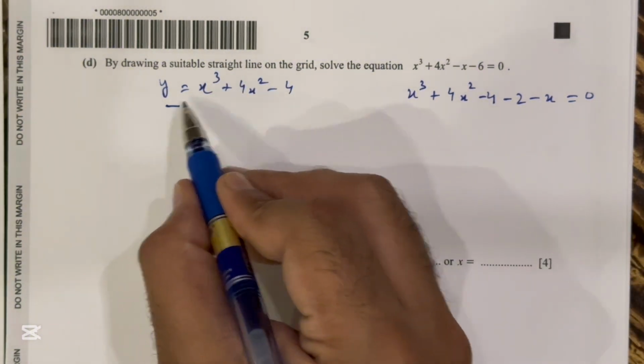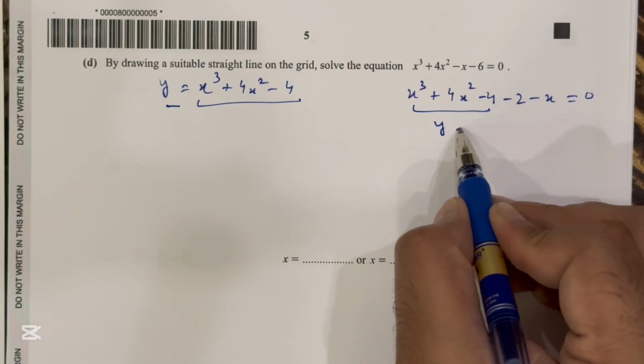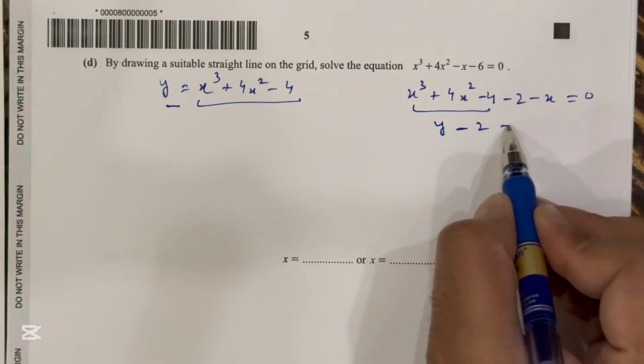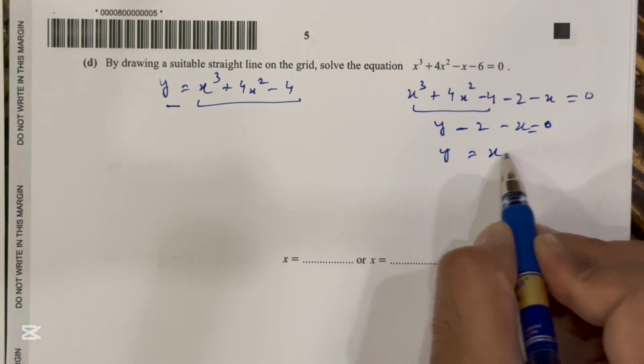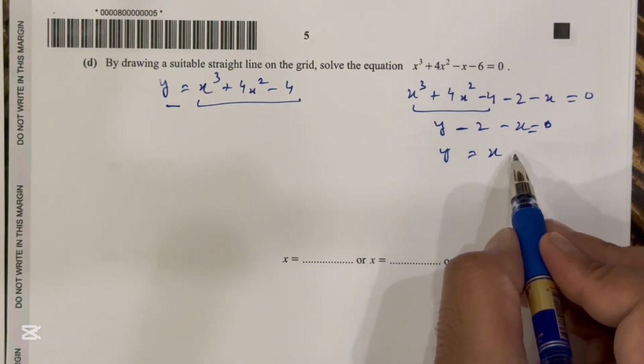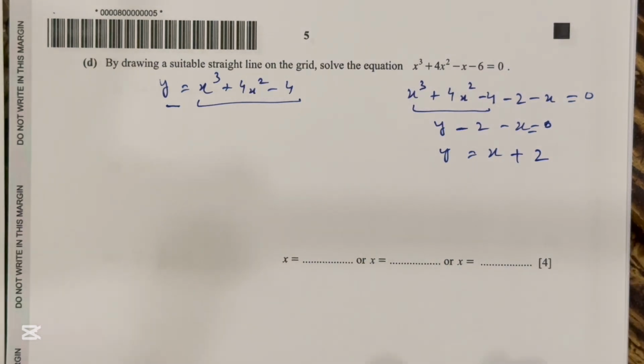This value is exactly equal to y, so I am going to substitute over here y - 2 minus x is equal to 0. Then the value of y would be x plus 2.